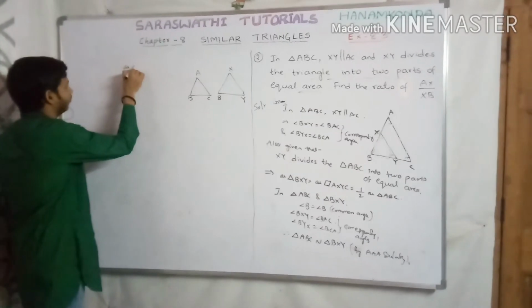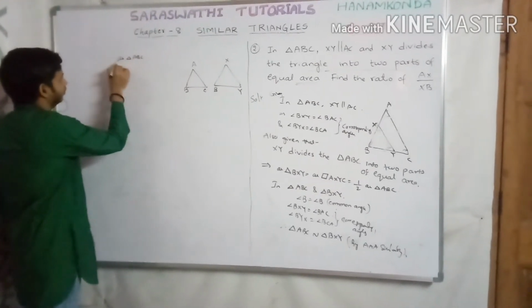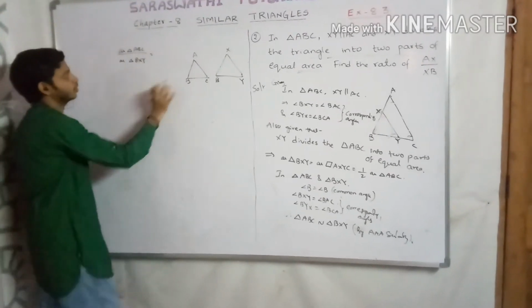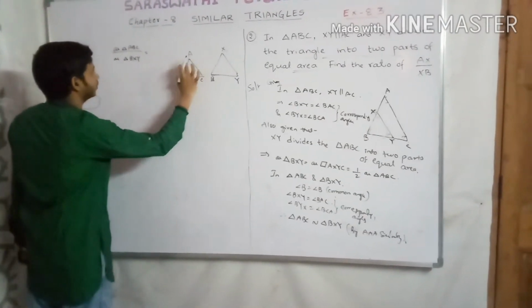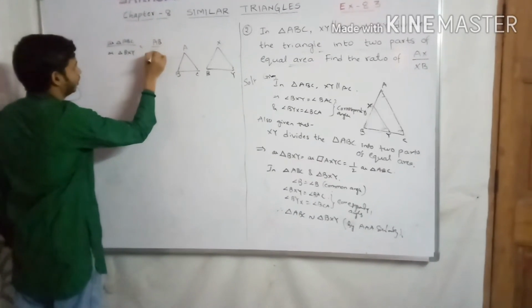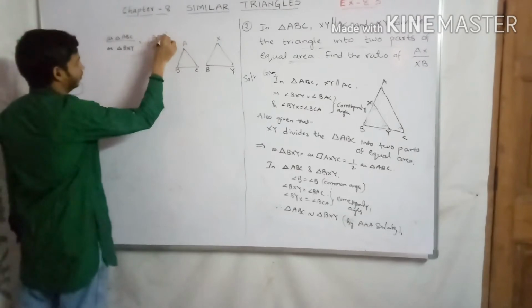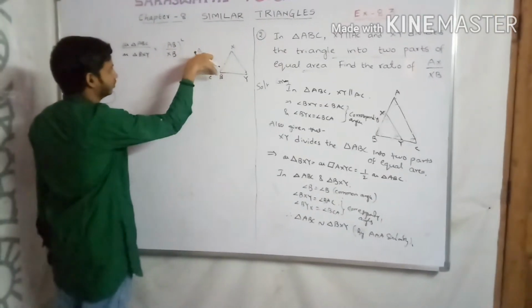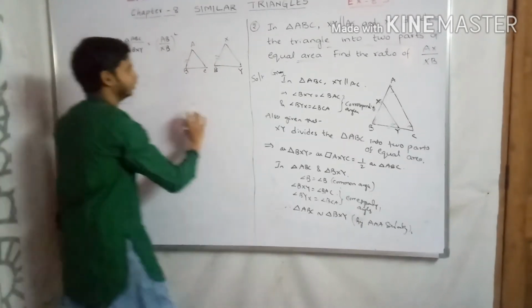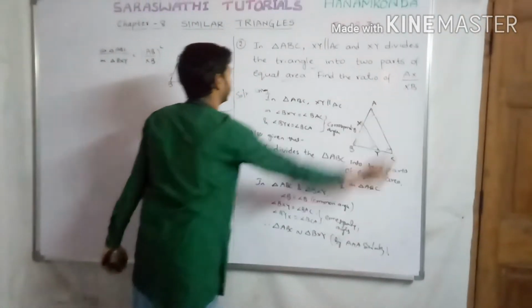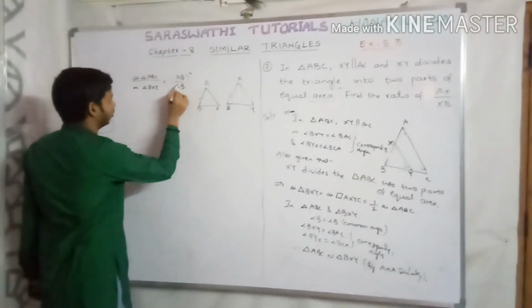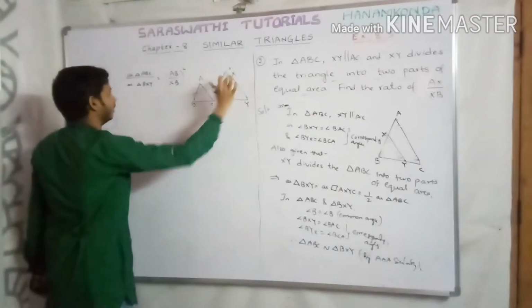Area of triangle ABC by area of triangle BXY equals the square of the ratio of their corresponding sides, that means AB by XB whole square, or we can take BC by BY or AC by XY. But here we are taking AB by XB whole square, because in the question we are asked to find the ratio of AX by XB, so we need the denominator as XB.